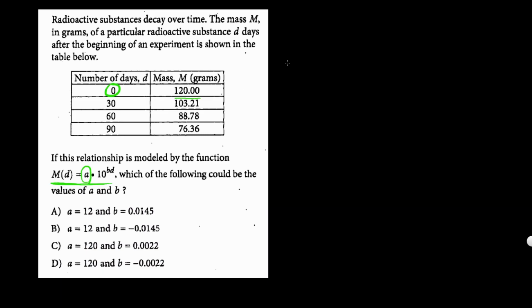So 120 grams should equal A, which we don't know, times 10 to the B D. Whatever B is, since D is equal to 0, that's going to be 10 to the 0 power, which is just 1, because any number to the 0 power is 1. So A times 1 is 120, so A is 120.